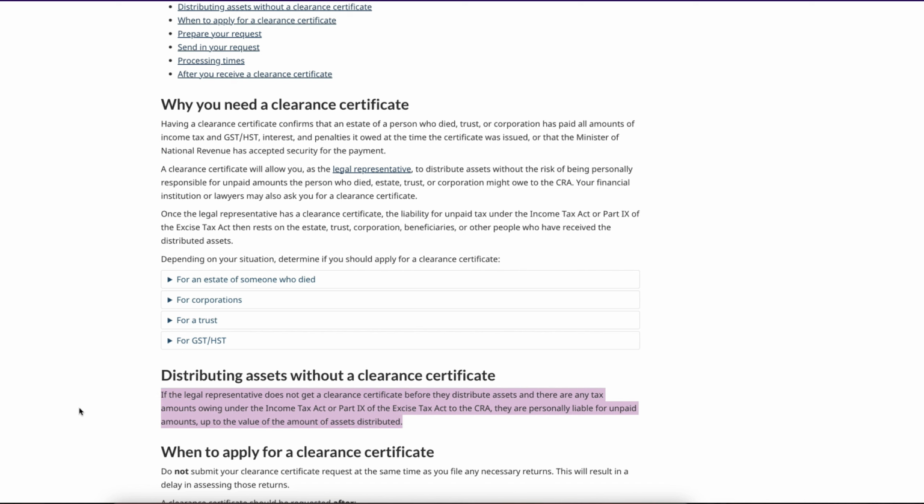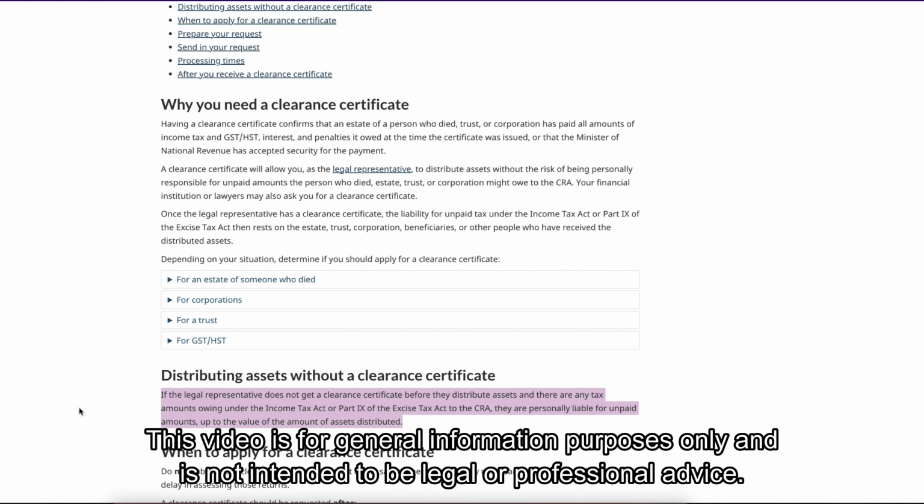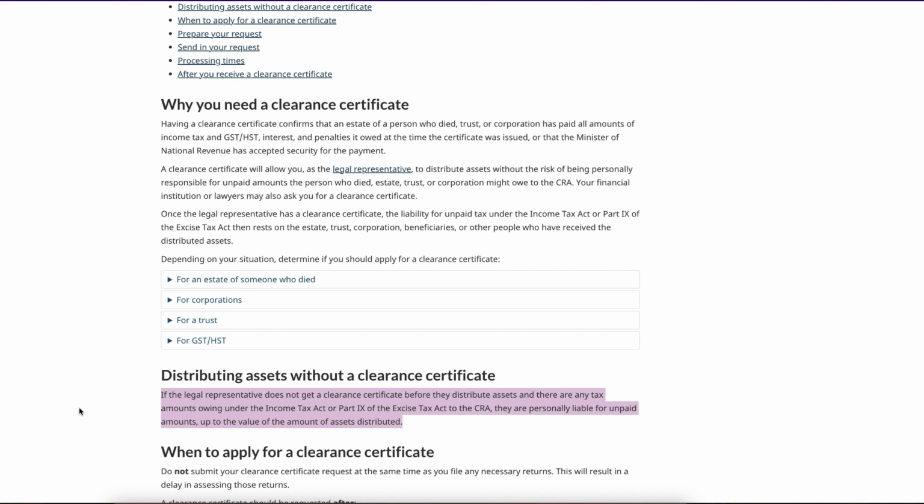If the legal representative does not get a clearance certificate before they distribute the assets, and there are any tax amounts owing under the ITA or Part 9 of the Excise Tax Act to the CRA, they are personally liable for the unpaid amounts up to the value of the assets distributed. This is why it's so important.